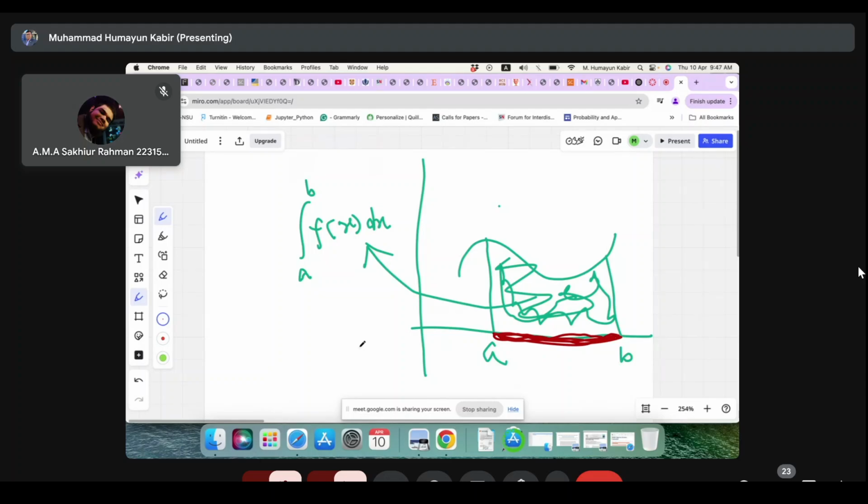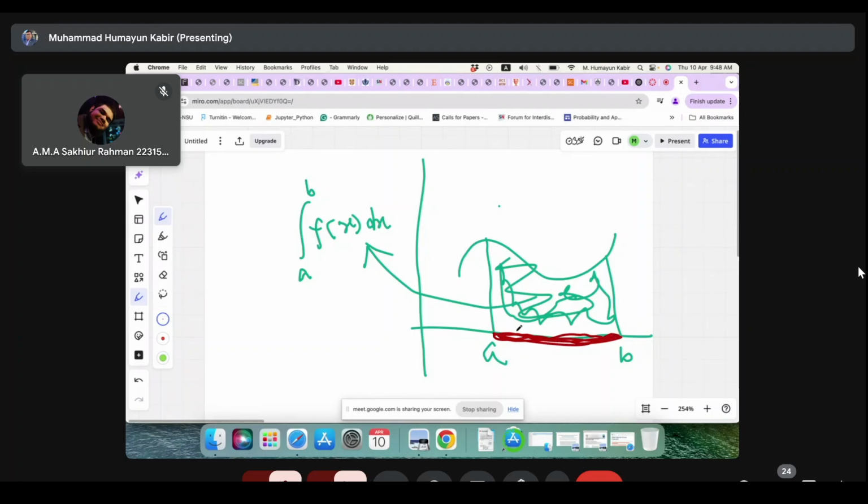So x equal to a and x equal to b basically indicates a certain portion of the x-axis where this integral is defined. Understood what I am saying? The red portion, it is a part of x-axis where this integral is defined.